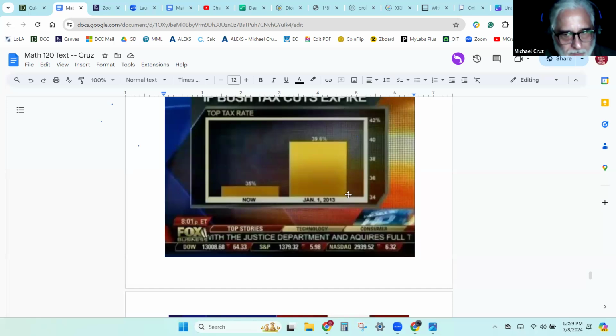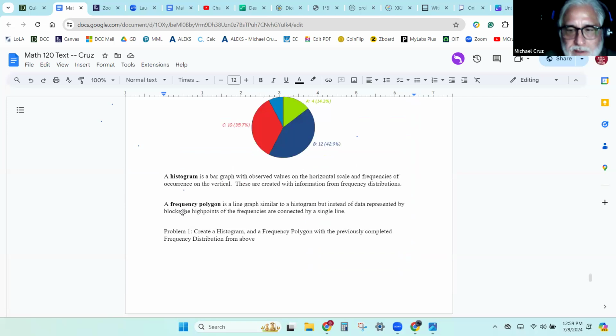Now, the misuse of graphics is something that everybody does. It's just the way human beings work. They have a message to present, so they present data to support it. So they take the data and visually distort it, let's say, to make it represent what they think it should say.